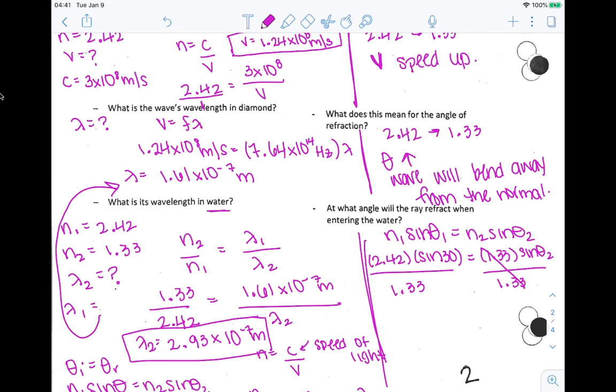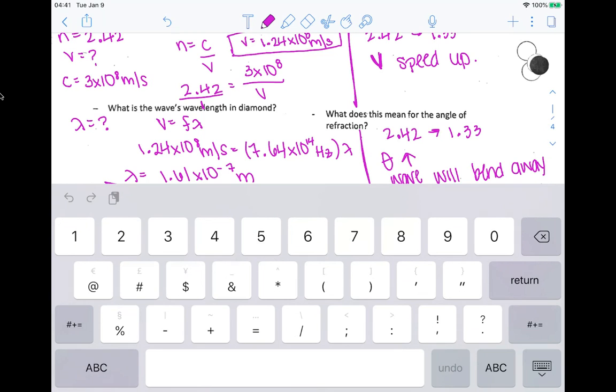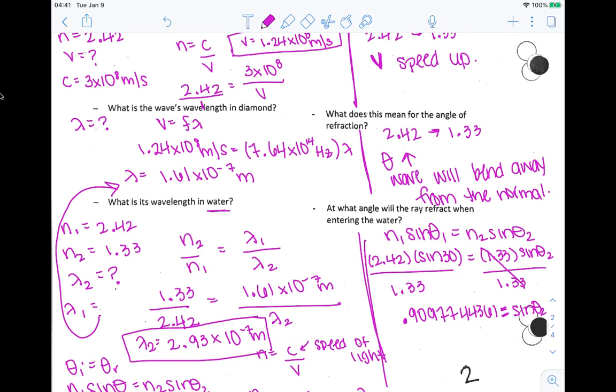You want to make sure that you are writing out the whole thing. We don't want to round. And this is equal to sine of theta 2.